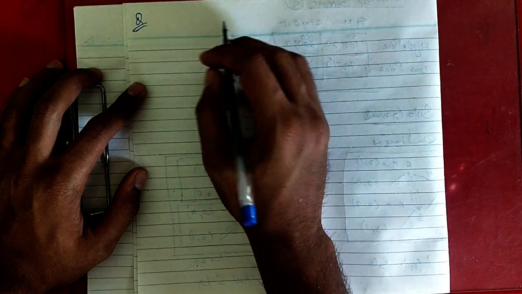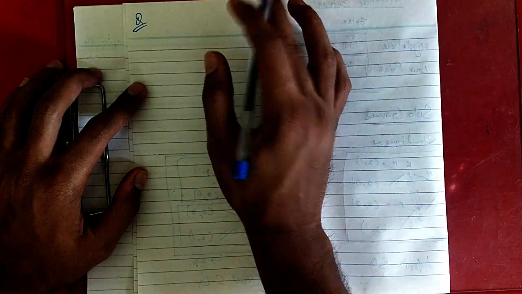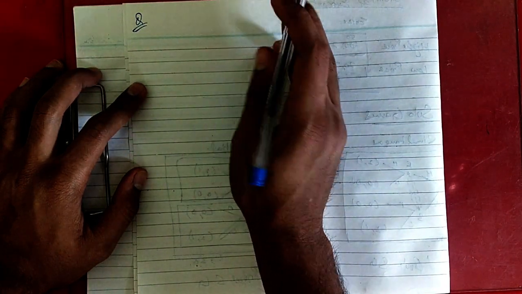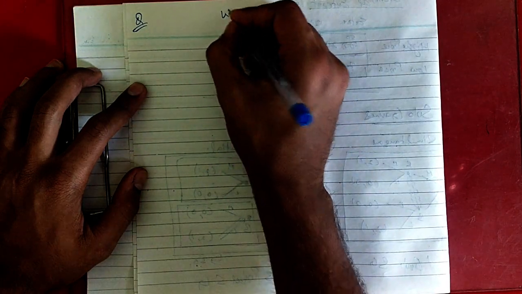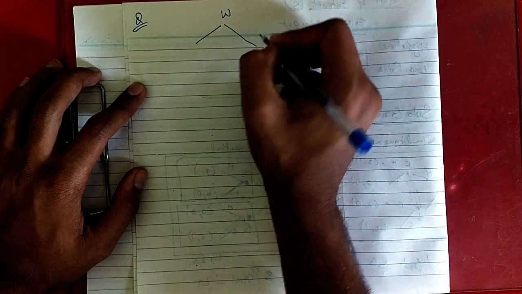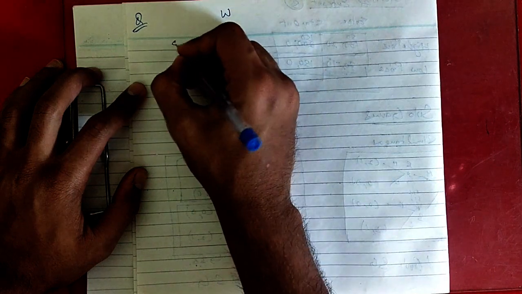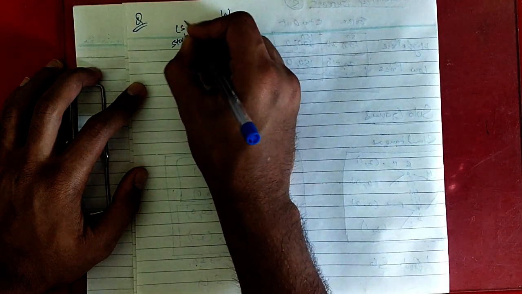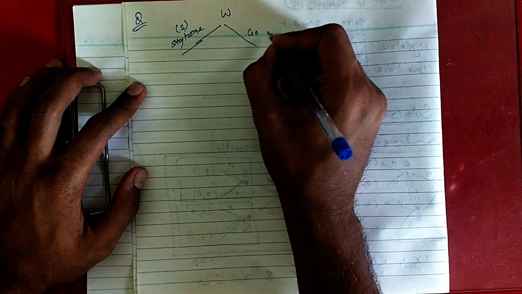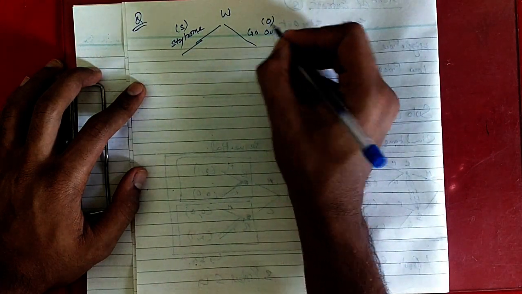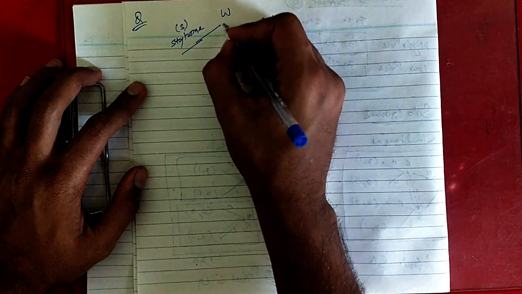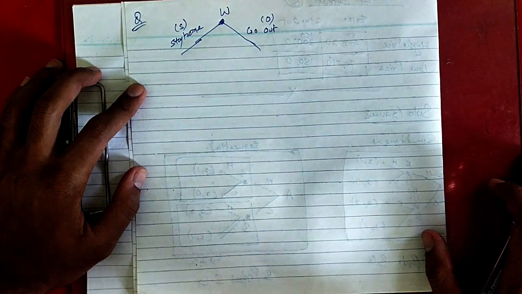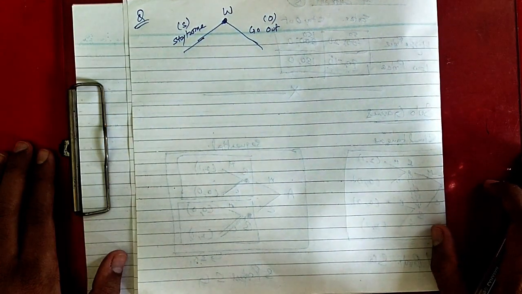The wife is the first mover and she has the choice either to stay home or to go out. So this is stay home, we are taking S, and this is go out, we are taking O. She is the first mover. Now let's read on further.